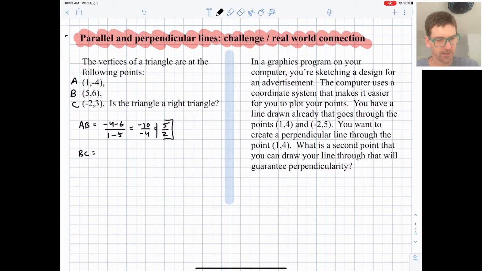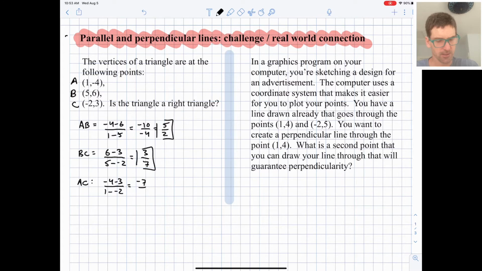So we have the difference of the y values divided by the difference of the x values. That's going to be 3/7. So no perpendicularity yet. We don't have any negative reciprocals showing up yet. And then AC, the difference of the y values over the difference of the x values.